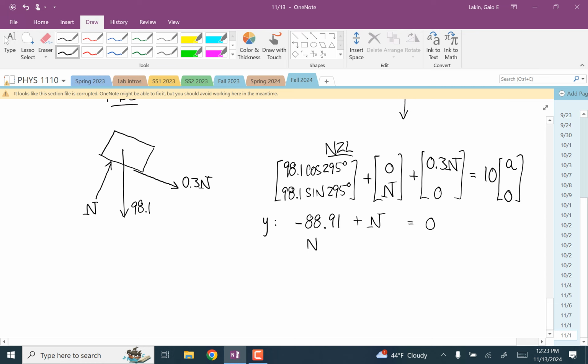So you can solve that for N. And then plug that into the x equation.